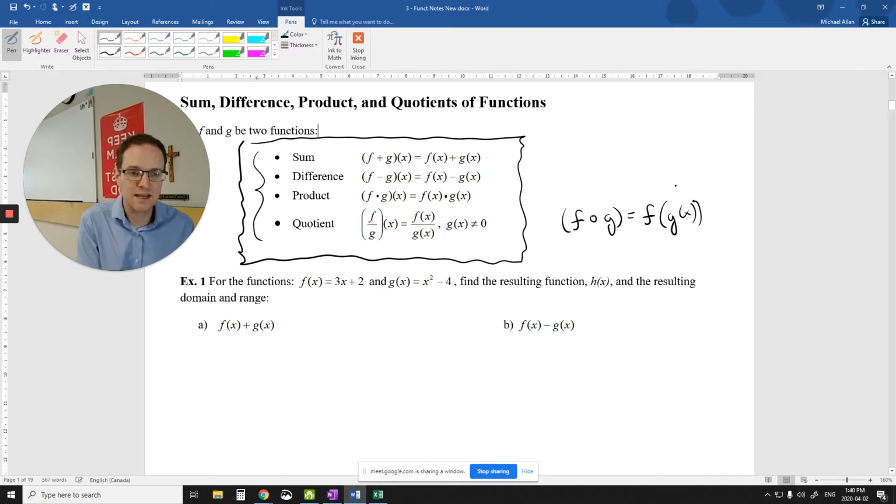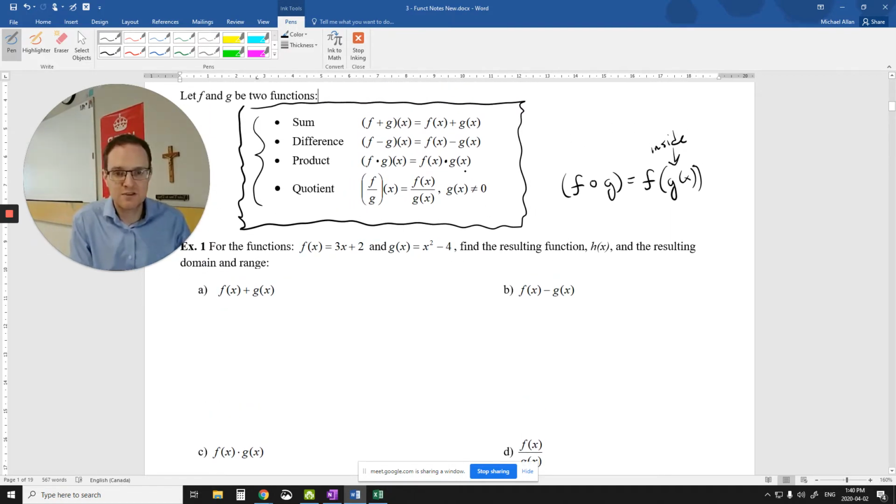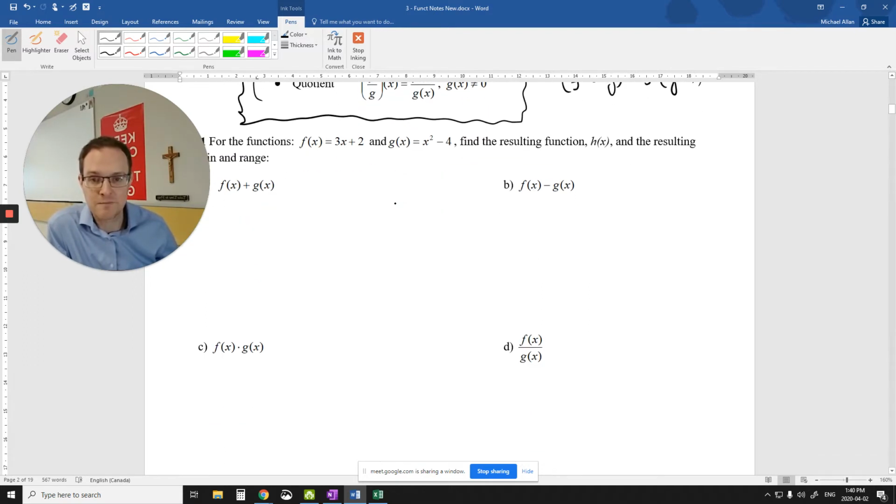So this is getting put inside f of x. If you see a solid dot like this one, it just means you're going to multiply those two together. And then we're going to do some divisions. You notice that there's a restriction here. If g of x happens to be 0, then we have a divide by 0 error. So we do have some new restrictions on divisions.